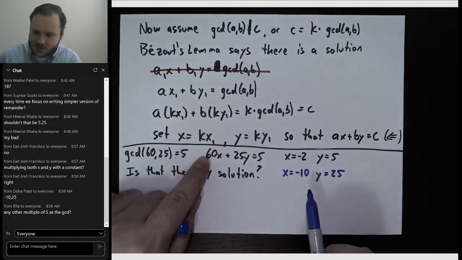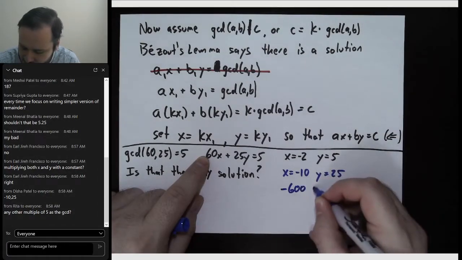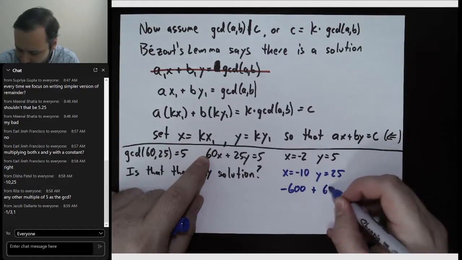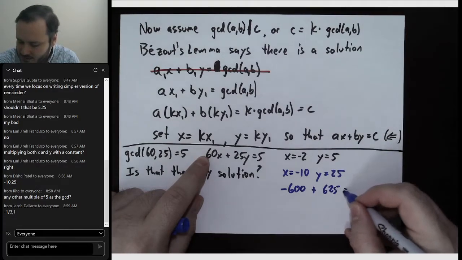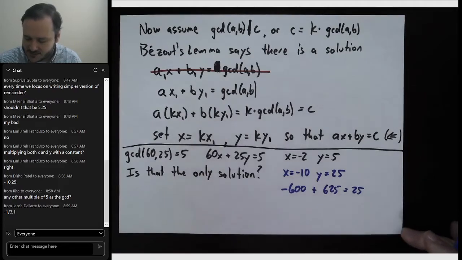Oh, I don't think it quite works, though. So this is minus 600 plus 25 squared, which is 625. So this actually comes out to be 25, not 5. So not quite, but close.